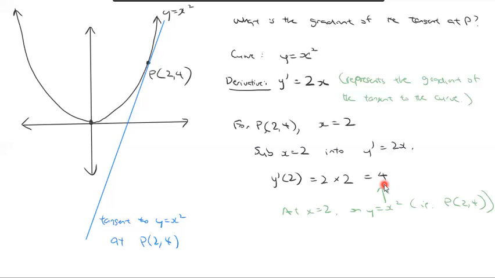So at P, at x equals 2, for the y dash, which is the derivative of the curve x squared, right at this point, this is the gradient of the tangent to y equals x squared at P, which is 4. Does everyone understand the steps I've taken there?